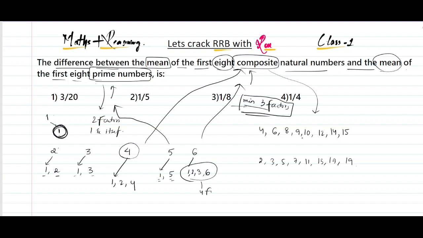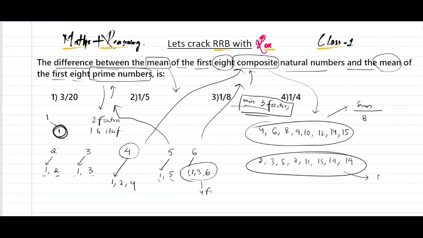What they asked us to find is the mean. What does mean mean? Sum of observations divided by number of observations, right? So I need to do the sum of all these numbers divided by the number of observations, 8. Then next I need to do this sum divided by 8. Then I need to subtract these two numbers.